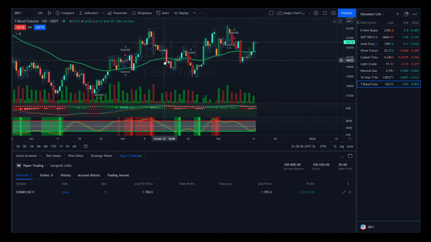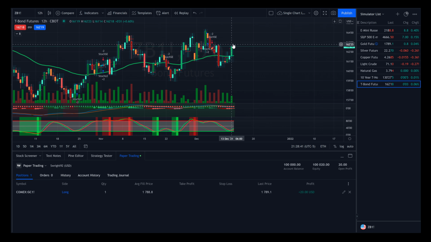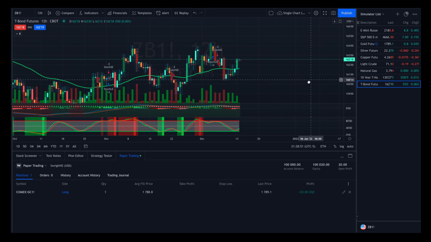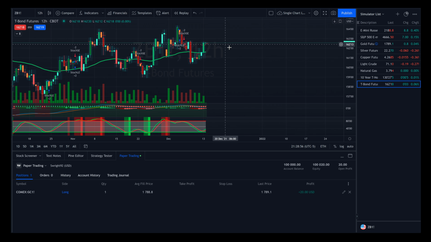I don't trade treasuries a whole lot, so I'm not really sure when this is going to signal a buy, but you know, we've got a crossover here that's been going on, so probably in the next day or so. And that's pretty much it for all 9 of those.